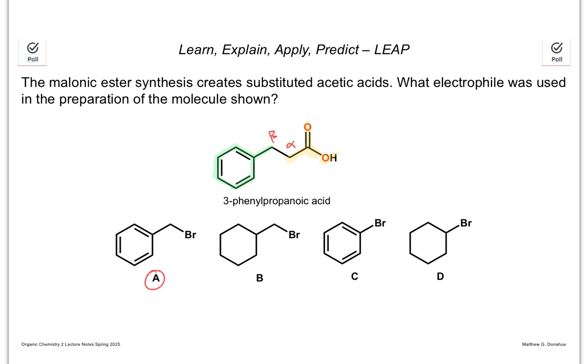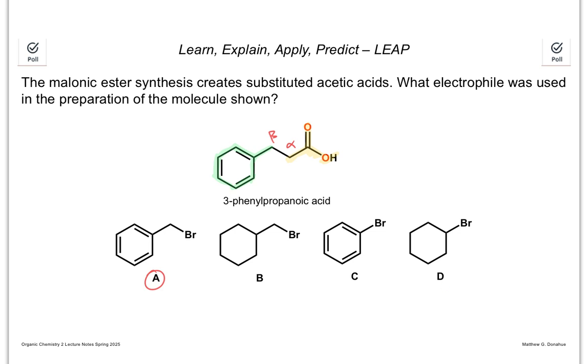So you have that ring, nothing's happening at this ring. Then you have a carbon, and that carbon has to have a leaving group. So B is not correct because it's not a benzene ring. C and D both lack that extra carbon.